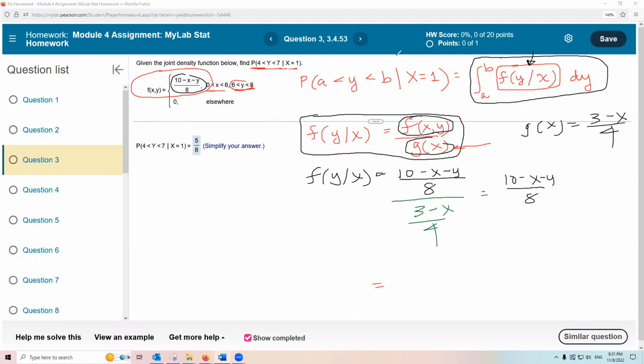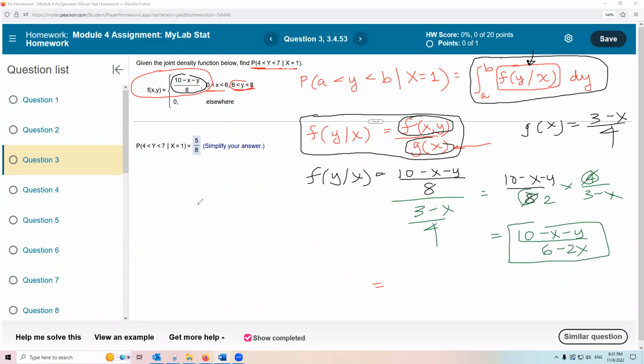So I'm going to multiply that by 4 over (3 minus x). This 4 and this 8 cancel out, leaving me a 2 on the bottom. So here's what I'm left with: (10 minus x minus y) over (6 minus 2x) on the bottom.